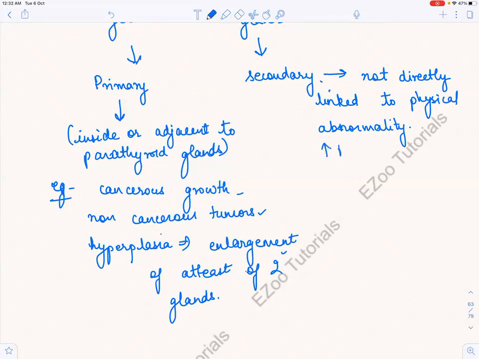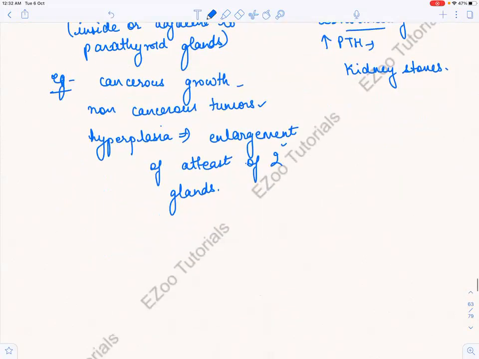When PTH becomes high, it can cause kidney stones, which can be very painful. So there is no physical abnormality, right? And basically, a question sometimes comes about the primary one: its cause is generally inheritance, right?